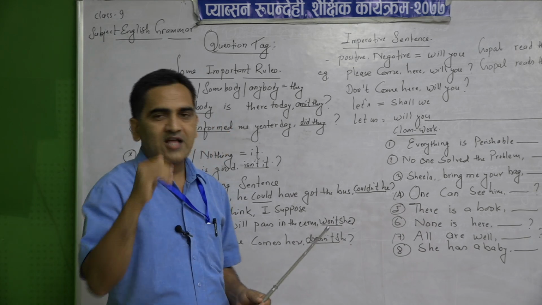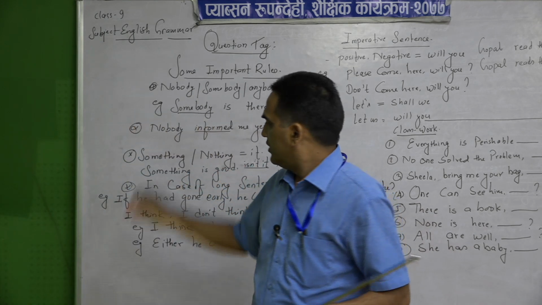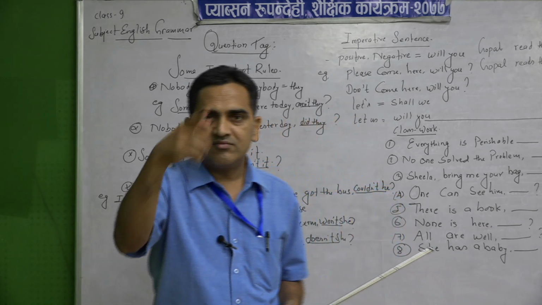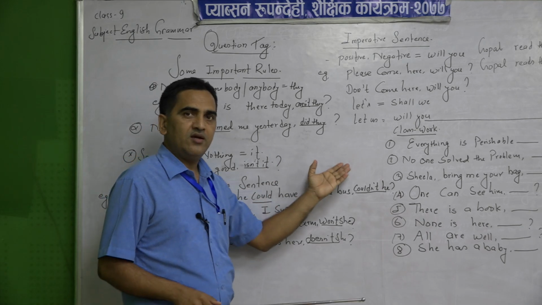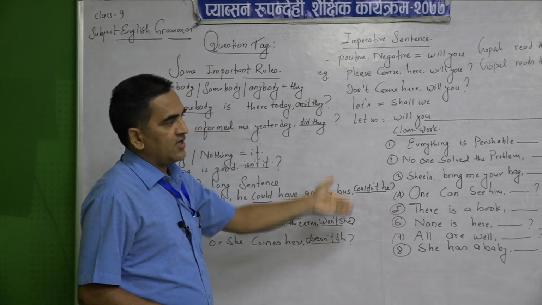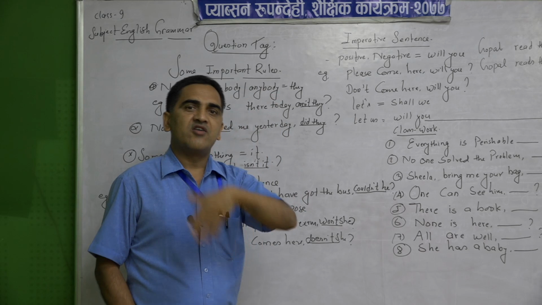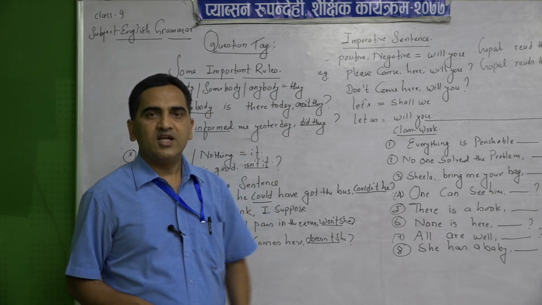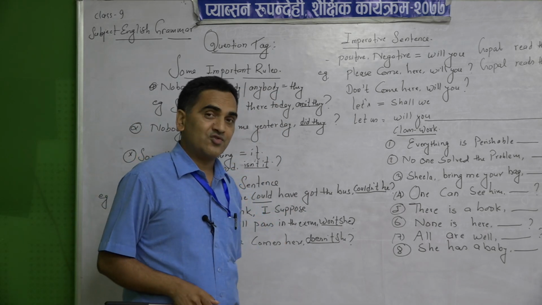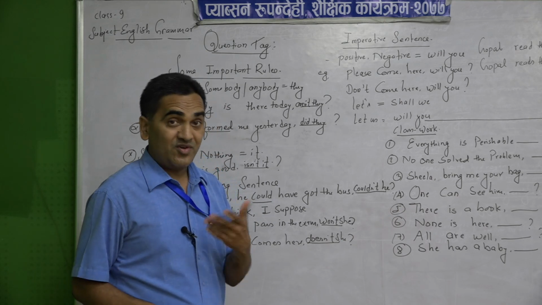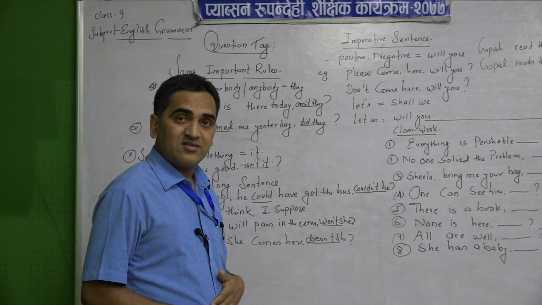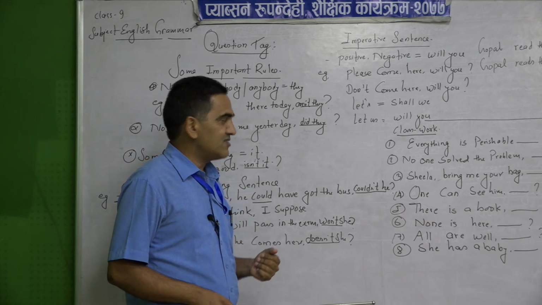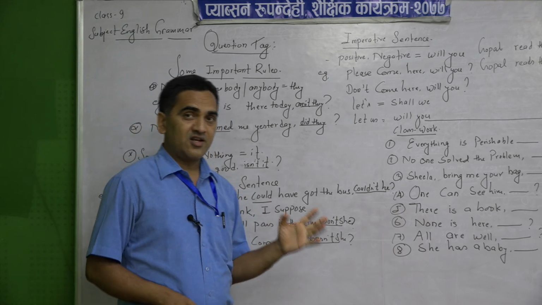In senior classes also, these things are repeated. All the rules and sentences are repeated in class 9 also, 10 also. Question tags you have to read in class 10 also, 9 also, and you have been reading them from junior classes also. So read nicely.